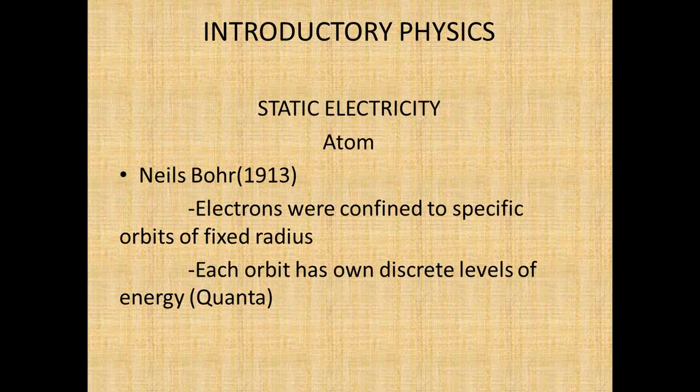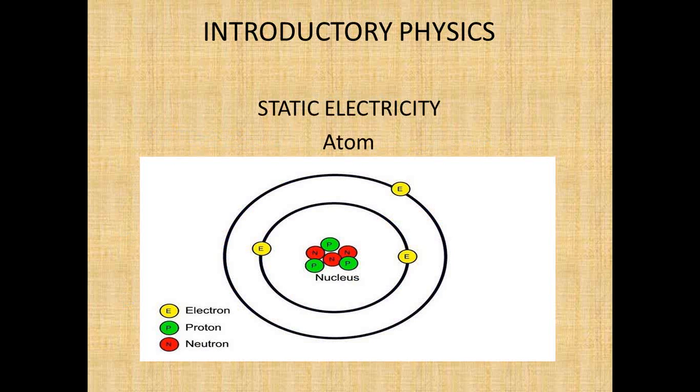So just like how the planets rotate around the sun, and each planet has a specific orbit, that is how the electrons rotate around the nucleus. So this is the model that Rutherford and Bohr came up with.